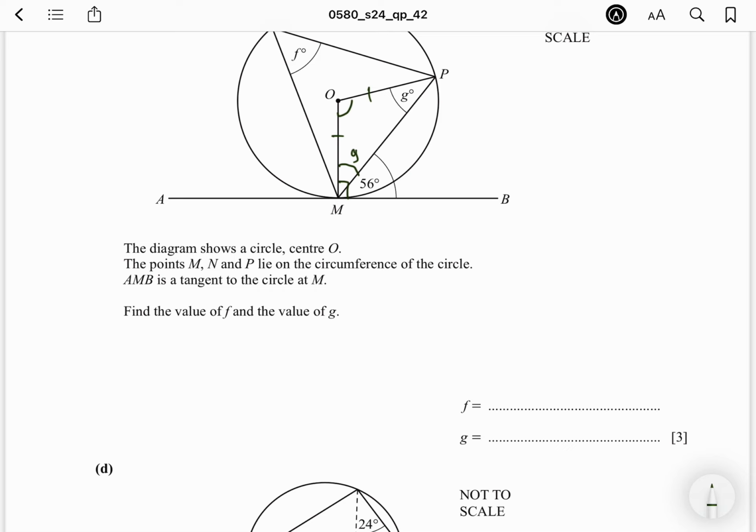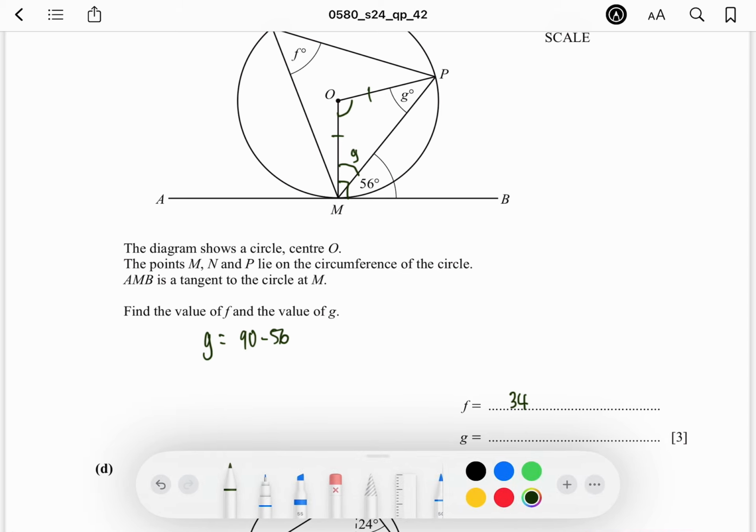That means G is 90 minus 56, which is equals to 34. Oh, sorry. Apa? Partial marks. Sabar. Sini salah lah. Sinilah.